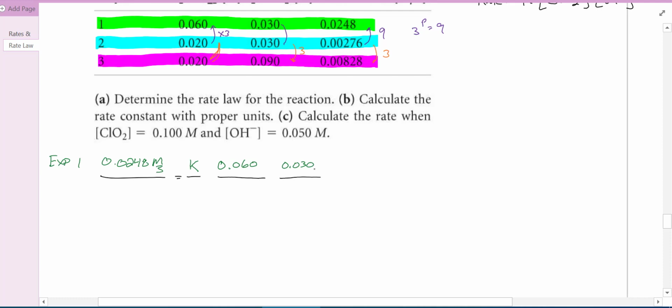And then experiment 2 is 0.00267 molarity per second, K, 0.020 and 0.030.